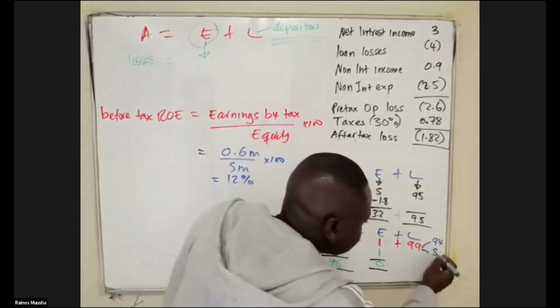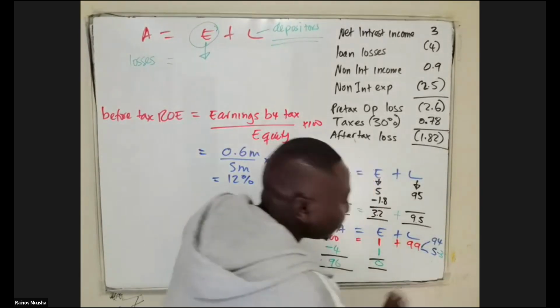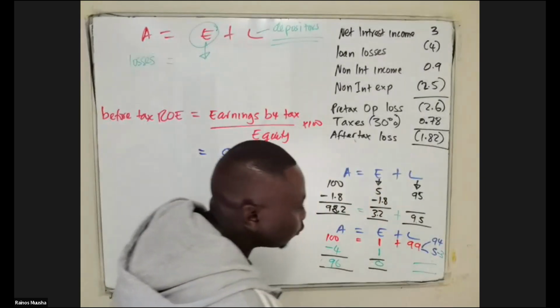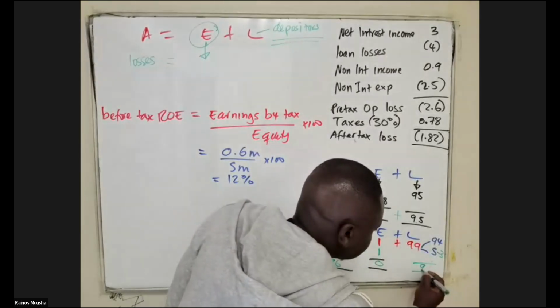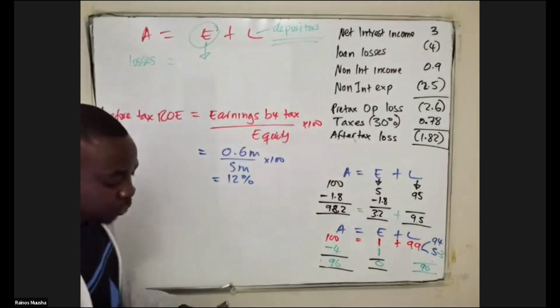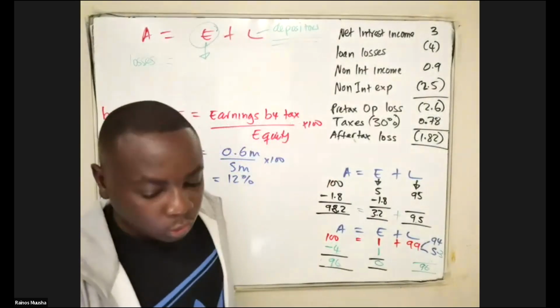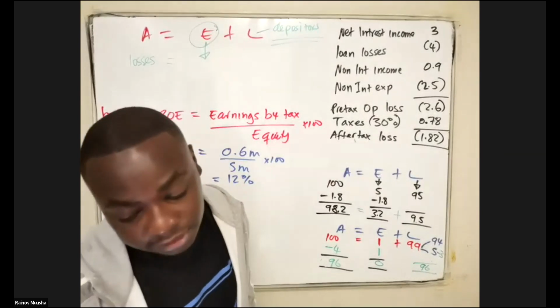Which also means from the 5 million, we're going to take out 3 million. So on this side of the equation, we're going to be left with 94 million plus 2 million, which gives us 96 million. So we're going to have a situation where the long-term debt capital, or subordinated debt capital, is going to be affected as well.